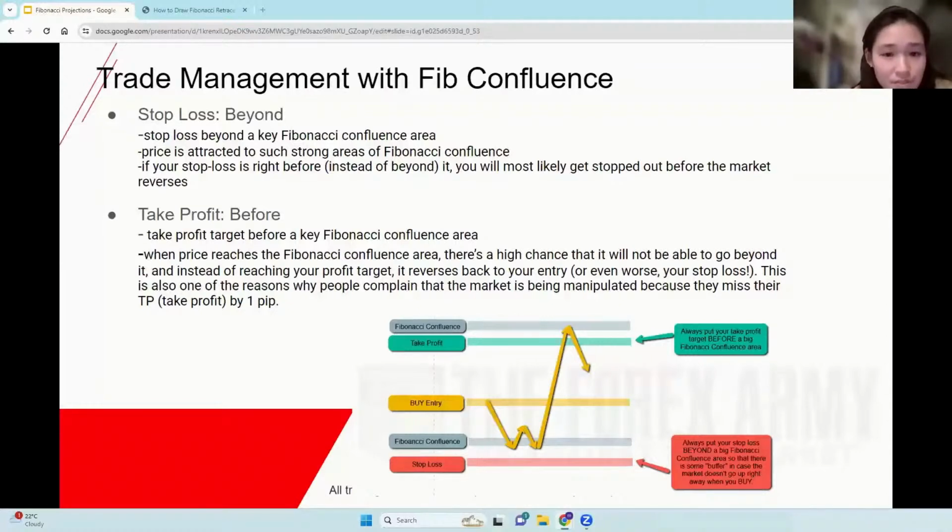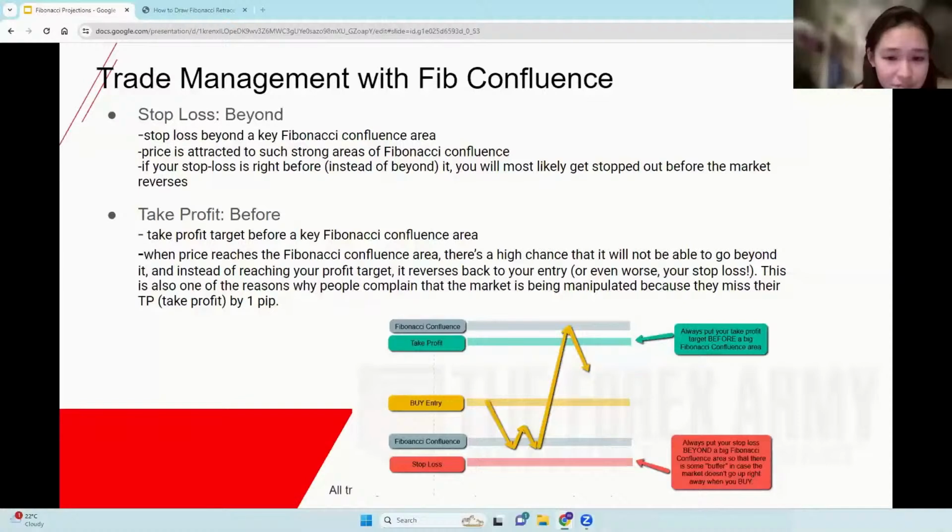The reason to place your stop loss beyond it is because more often than not, price is attracted to such strong areas of Fibonacci confluence. So if your stop loss is right before instead of beyond that confluence area, you'll most likely get stopped out before the market reverses. That's also one of the reasons why people wonder why they got stopped out right when the market starts to reverse and then complain about stop hunting.